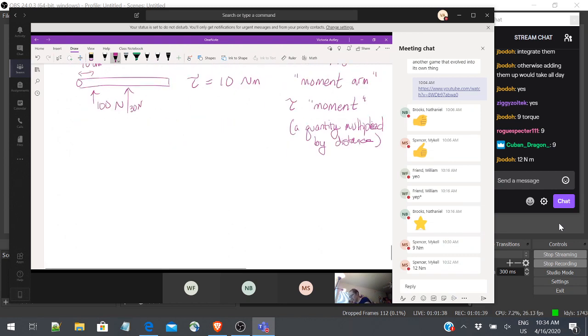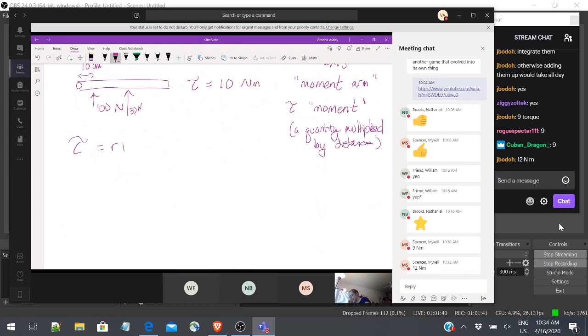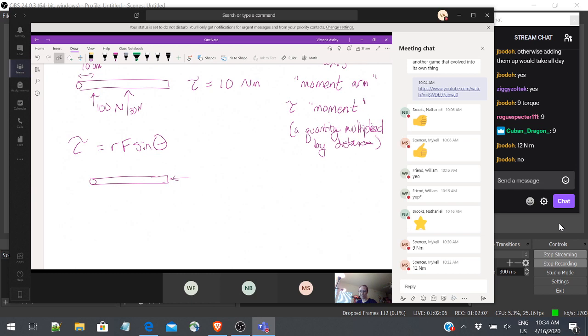What about that theta? We haven't really talked about this theta yet. So if we have someone who comes up and tries to open the door by pushing on it from this end, is it going to rotate? Probably not, right? So yeah, you have to have an angle, right?